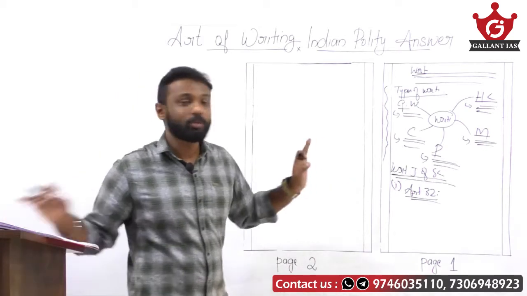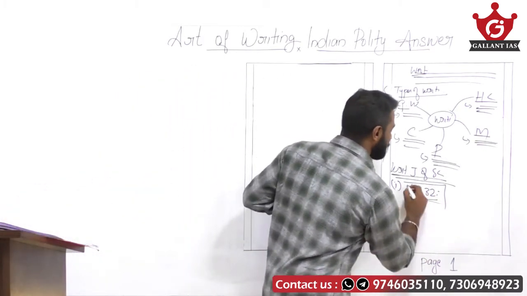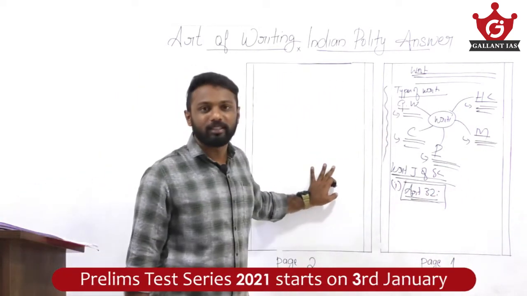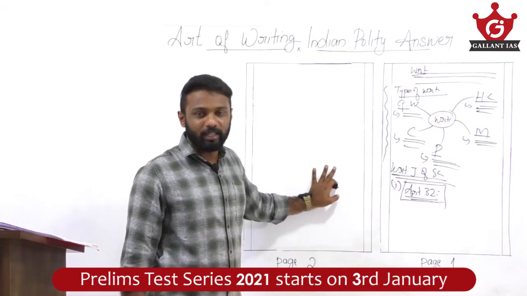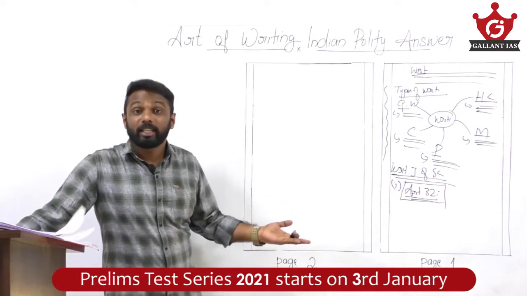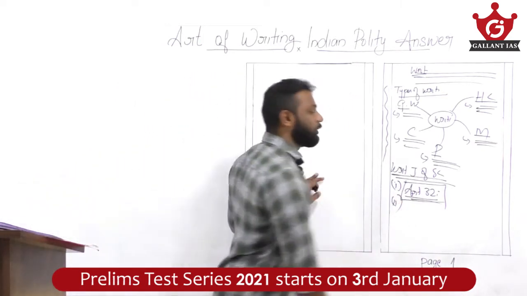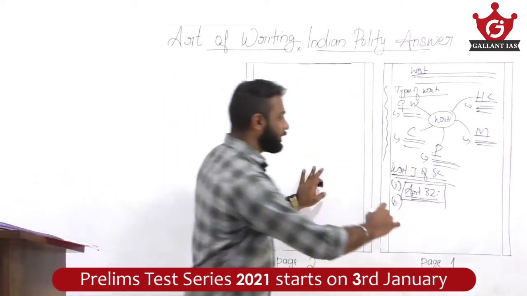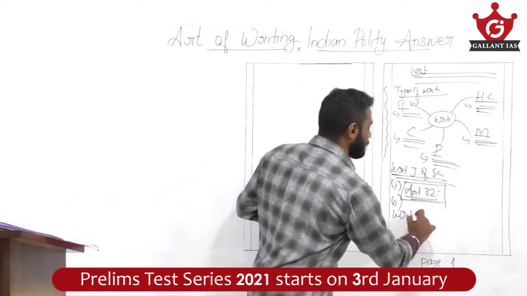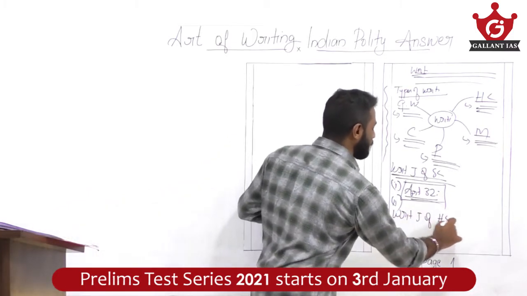So whenever possible, try to mention the constitutional provisions or articles. Then, it has territorial jurisdiction over the entire country. Write that point also. Then you come to the writ jurisdiction of High Court.